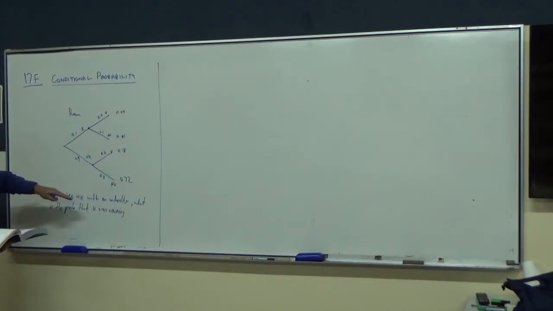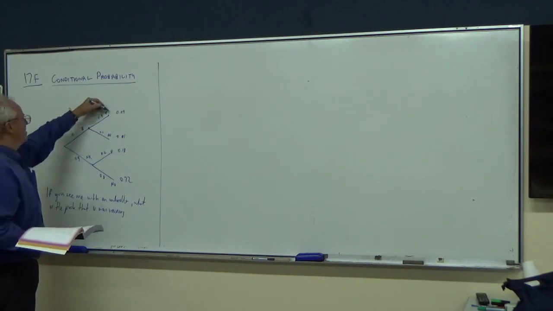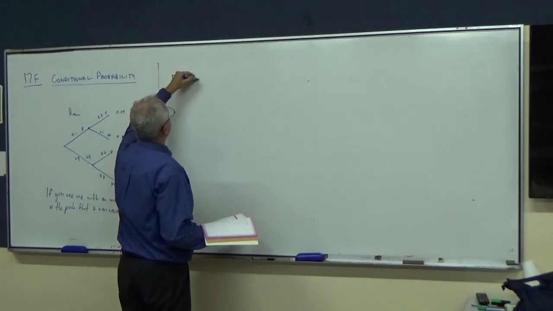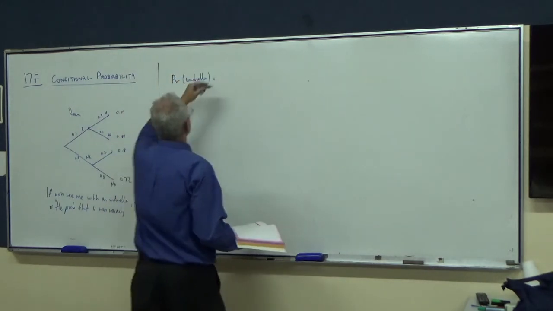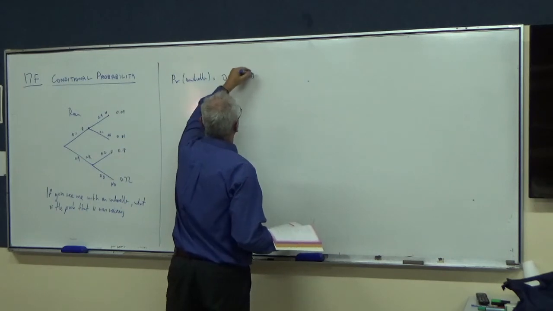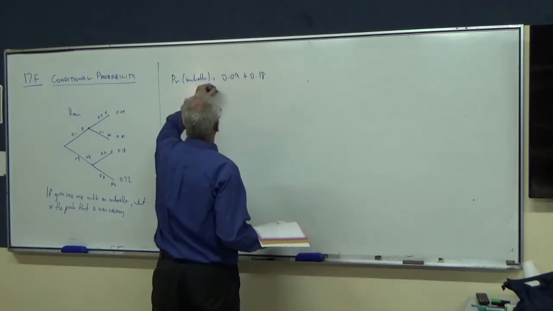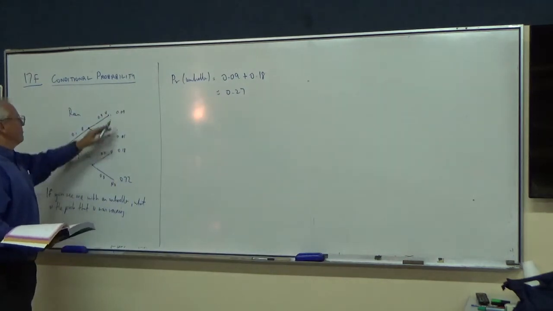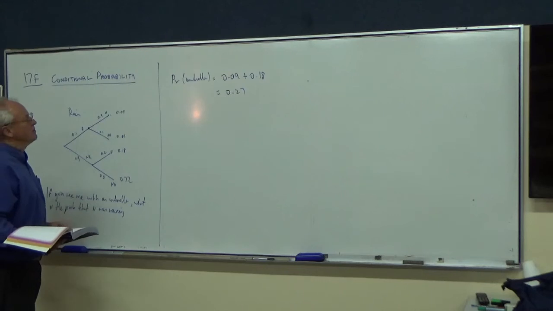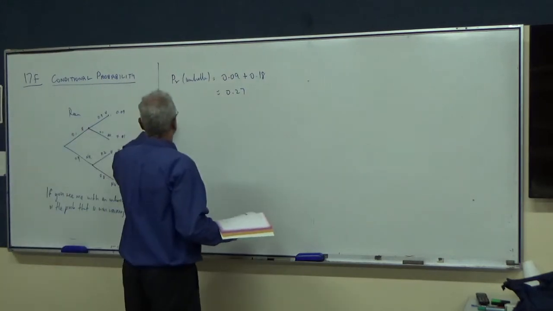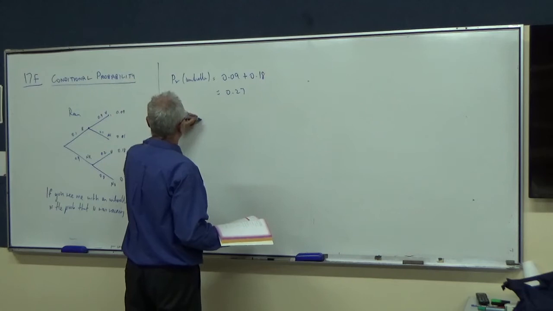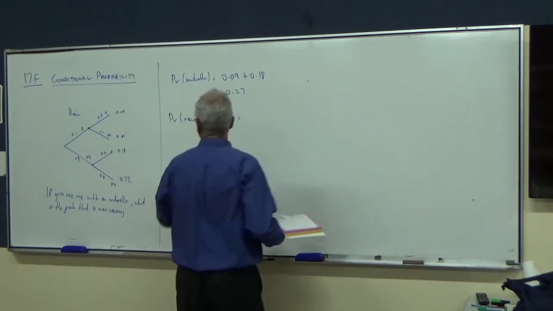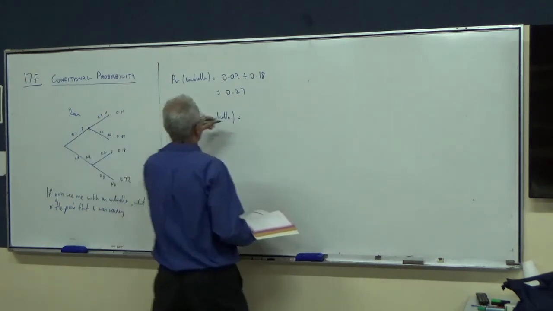If you see me with an umbrella, it's either that or that. The probability of an umbrella equals 0.09 plus 0.18, which equals 0.27. The probability of raining and umbrella is 0.09.